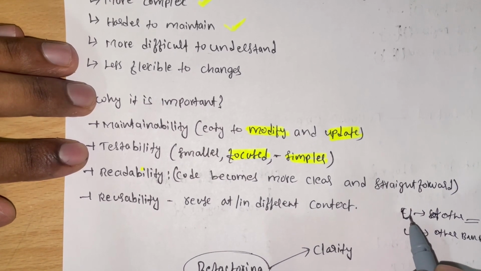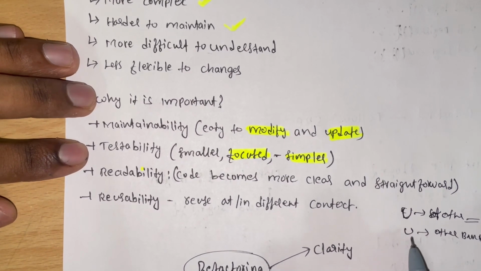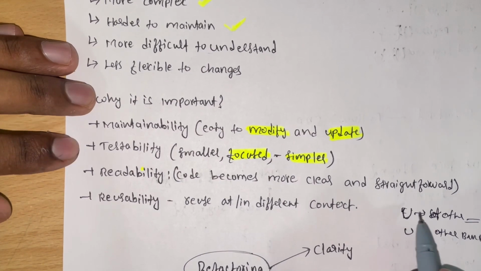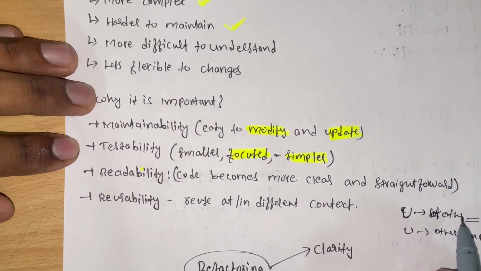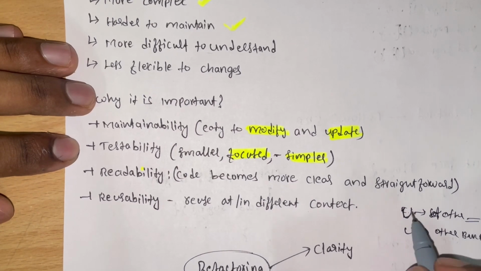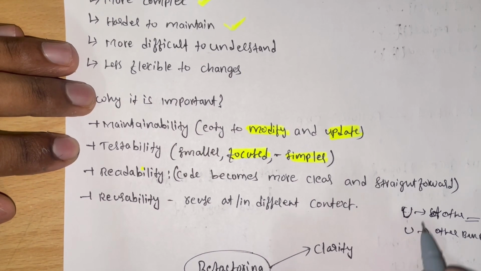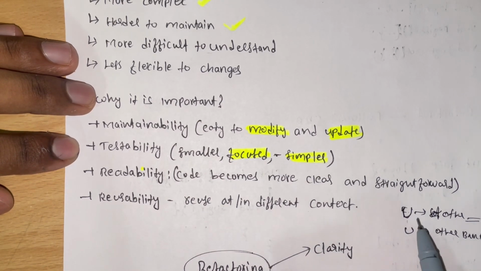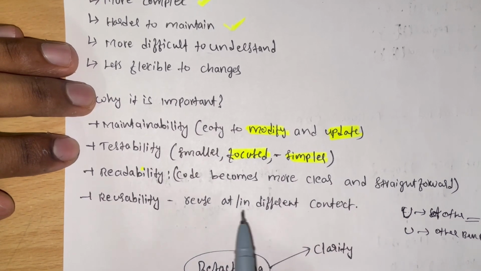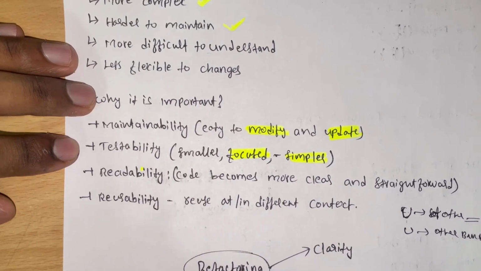When you want to transfer, the common responsibility is to debit from your account and credit into the other account. Debiting is the same in both cases. At that time, you can write one responsibility class that debits the amount from your account and then credits it to the other account. So this is where reusability comes in.